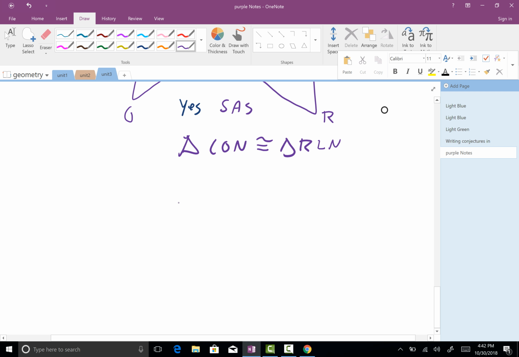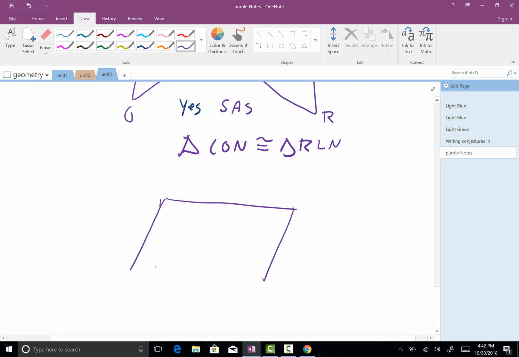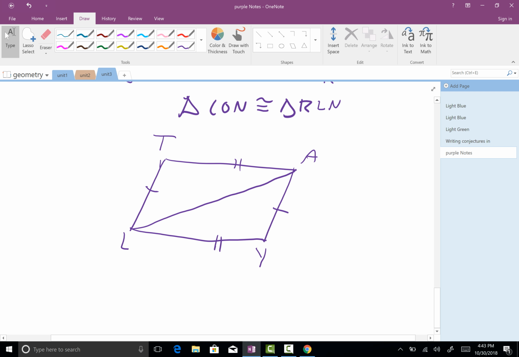Let's try another one. Okay, here's one like this. Again, we want to know if these triangles are congruent or not. Well, shoot, we only got two sides marked. We don't have anything else, though.